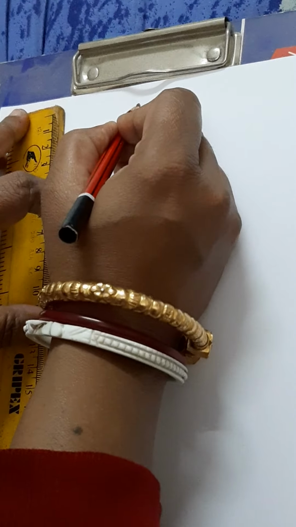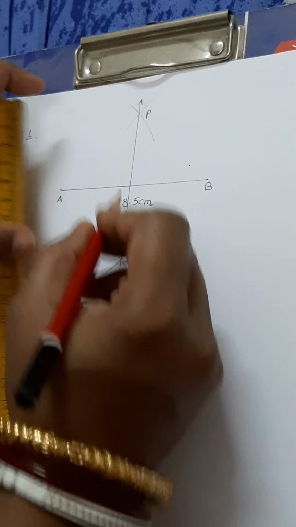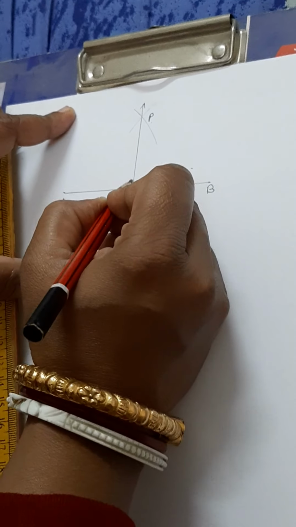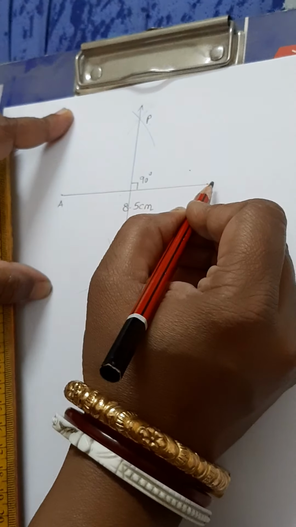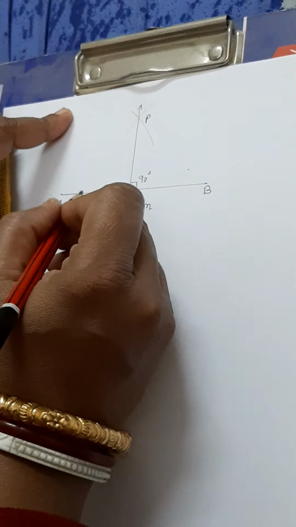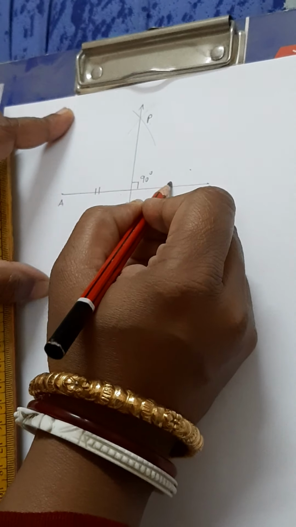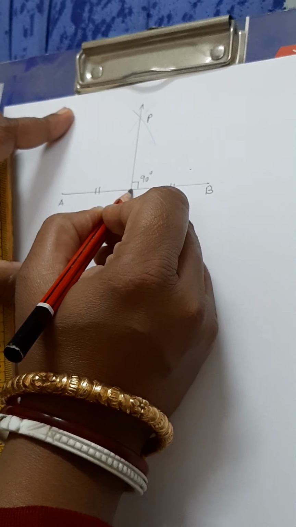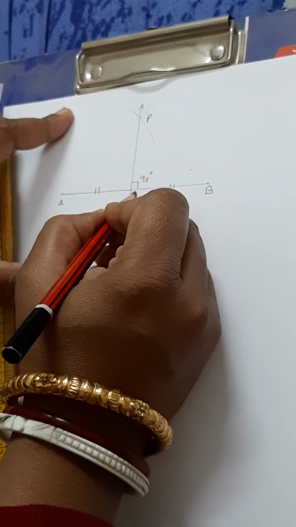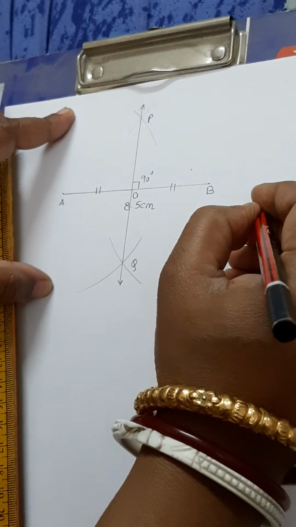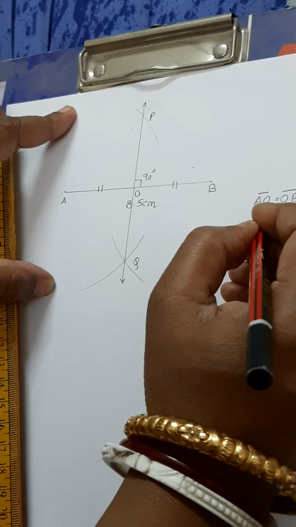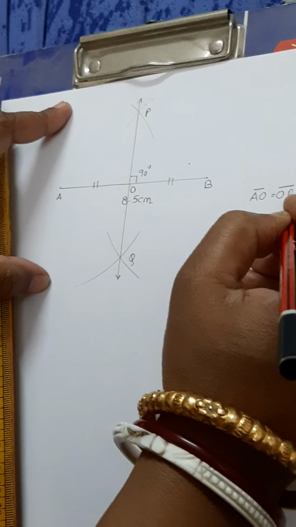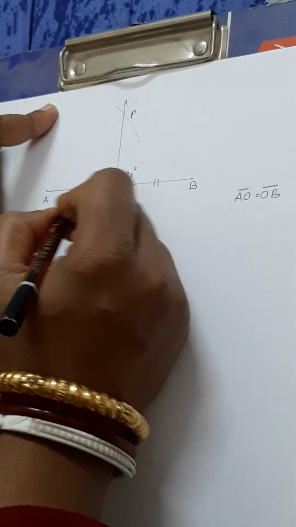Clear? So this PQ line is making a 90-degree angle and it is dividing it into two equal parts. Let me name this point as, let us say, O. So we will say AO is equal to OB. Line segment AO is equal to OB and this angle is 90 degree.